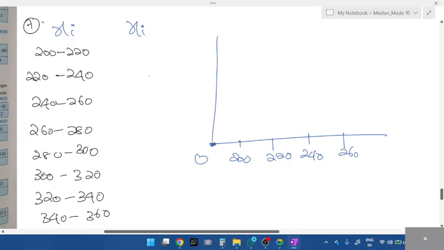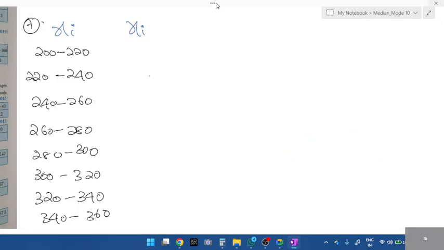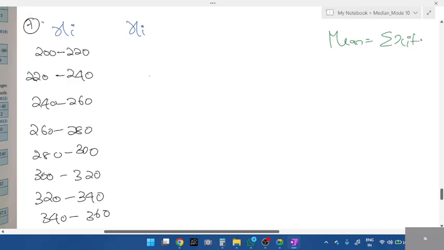We call it class interval. That is upper limit, lower limit. Upper limit and lower limit is useful only for graph. Here they didn't ask us to draw a graph. They have asked us to find mean. So in order to find mean, the formula is summation of xi fi divided by summation of fi.